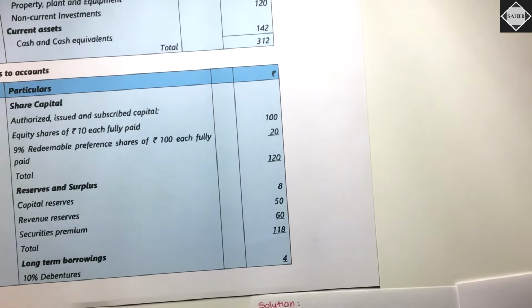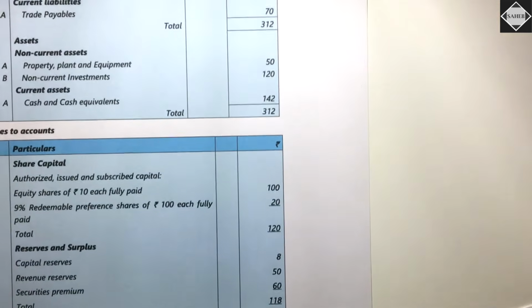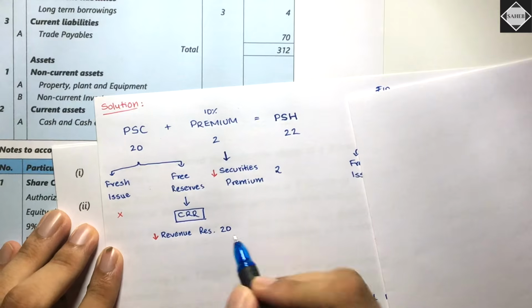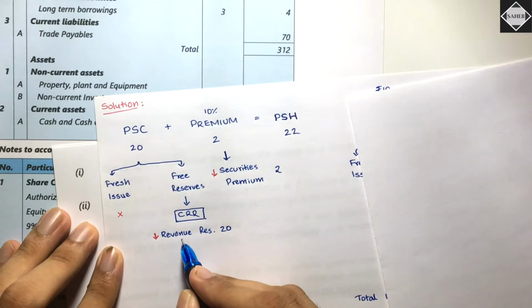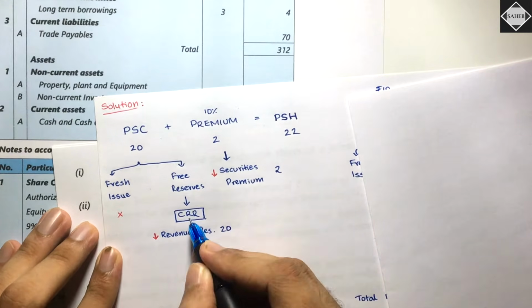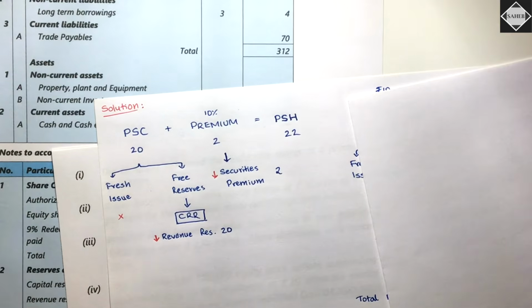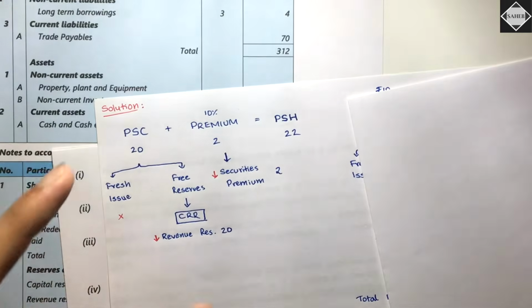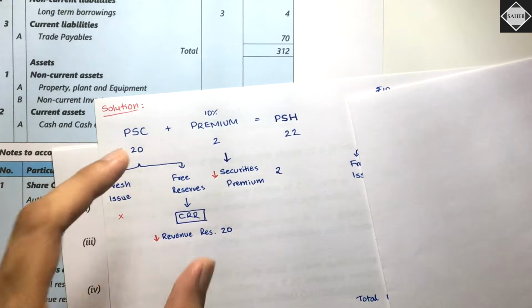So we'll not do anything regarding fresh issue on our own. Okay, so just CRR. Clear? So 20 lakhs from revenue reserve will be transferred to CRR. So revenue reserve will be decreasing by 20 lakhs and CRR will be increasing by 20 lakhs. Okay, so then the capital is being replaced.